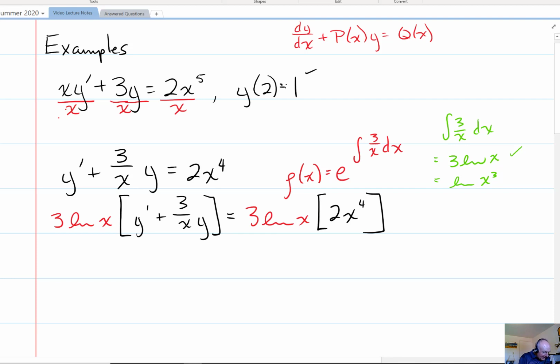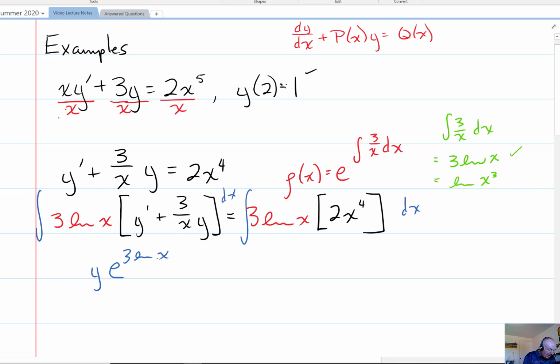And right now, this is the thing that sometimes it's hard for students to grasp. Right now, you can just integrate. You can just, boom, integrate this side with respect to dx, integrate this side with respect to dx. The reason we do that is because that left side, we know already what the integral of that complicated expression is going to be. It's going to be y. We'll just leave it as y times e to the integrating factor, 3 ln of x.